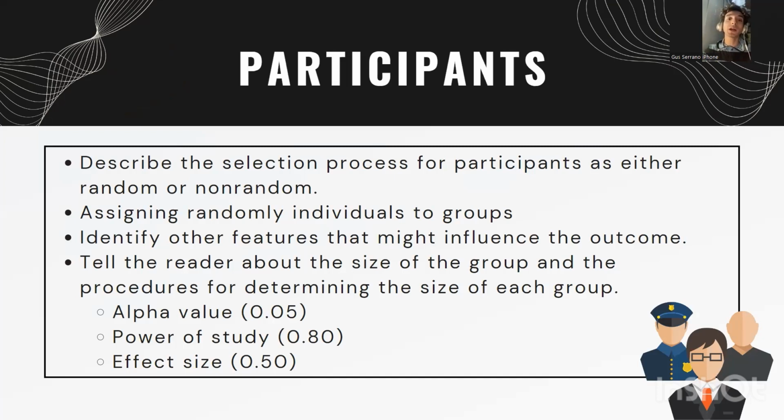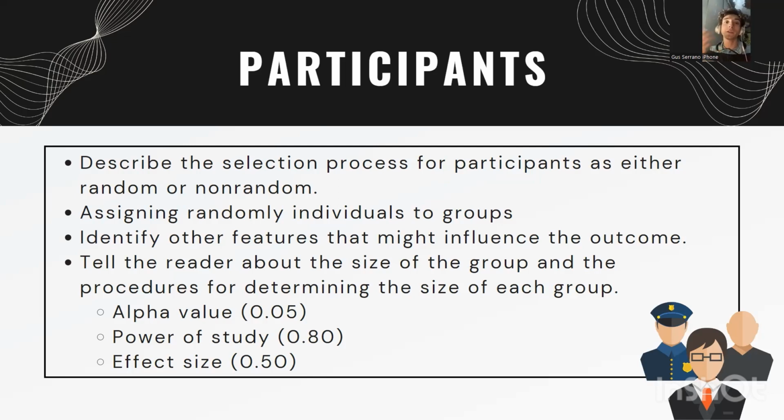This is called a quasi-experiment because individuals are not randomly assigned. When individuals are randomly assigned to groups, the procedure is called a true experiment. Here, it should be discussed how the procedure eliminates the possibility of systematic differences that could affect the outcomes.